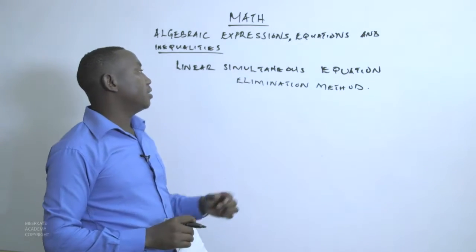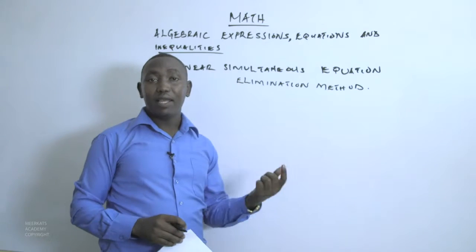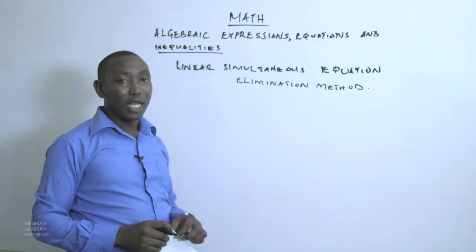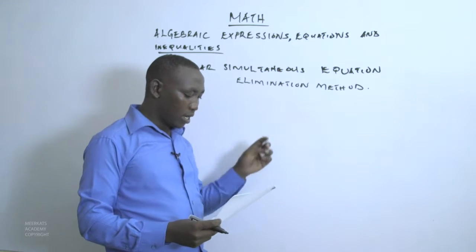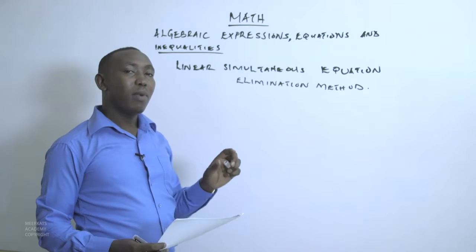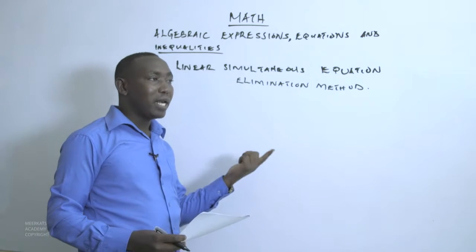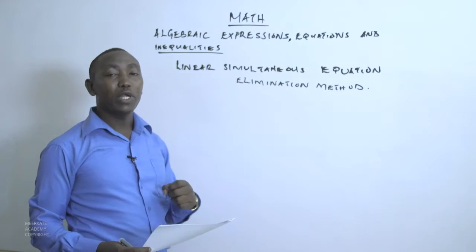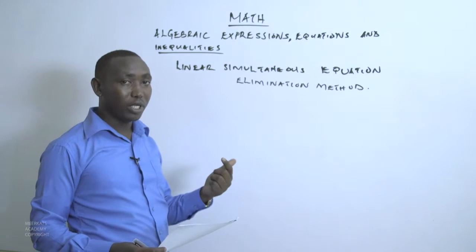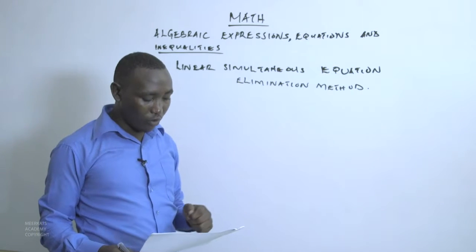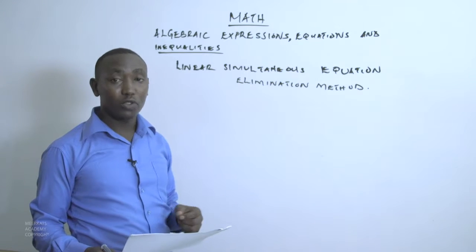Now again, this is another method of solving simultaneous linear equations. The term elimination normally involves either adding or subtracting, for you to eliminate a particular polynomial in a term or in an expression or in an equation before you go ahead and solve it.